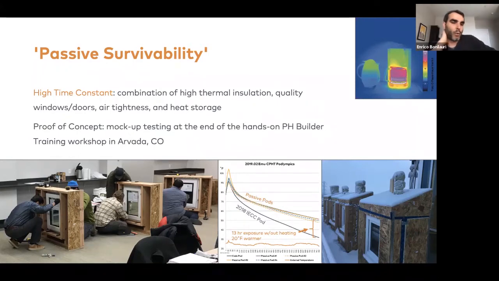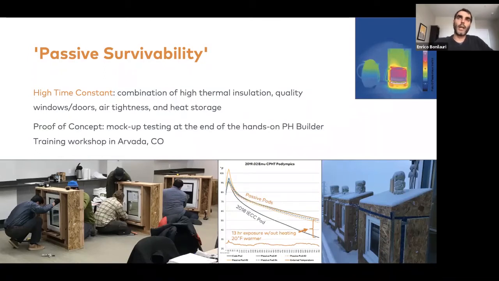These images from the workshop that you see at the bottom are from the builder training that we have in Nevada, where we teach builders how to implement passive house in terms of insulating better and air sealing better, and we have them practice on the mock-ups that are represented being assembled on the left and being completed and exposed to the outside and the snow on the far right-hand side of the slide.